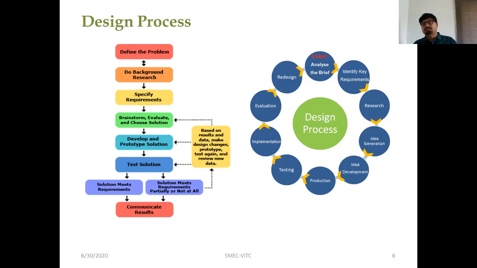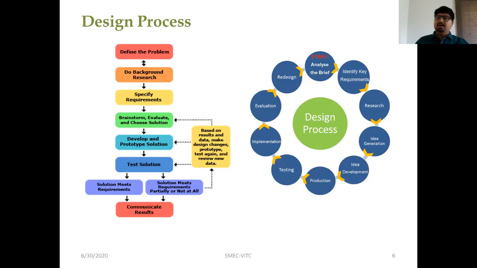This is the design process that people generally follow. Some industries follow a slightly different approach, but as a whole, the essence remains the same. They first analyze in brief what they want to do, then identify key requirements and do research, as mentioned there, like background research.